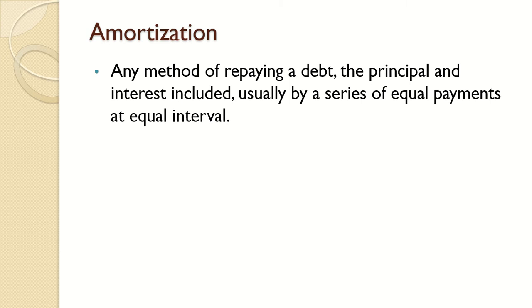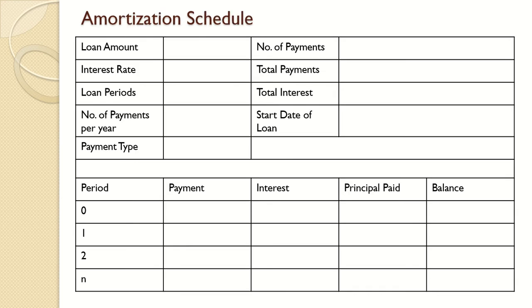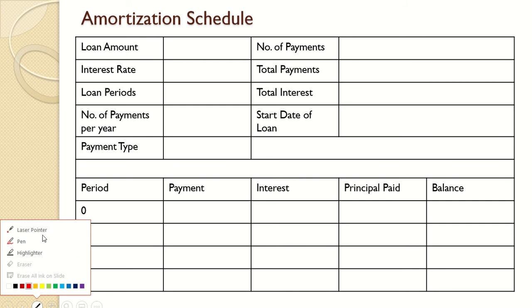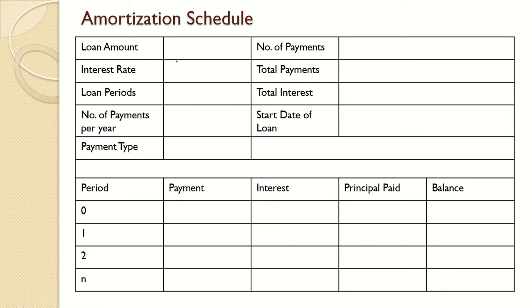Then the lender, say for example ang MCOR, will be giving you an amortization schedule. You will see there the present worth or the loan amount. For example, for a computer set, tagpila ang usa ka computer set.